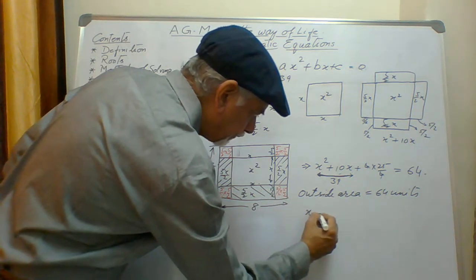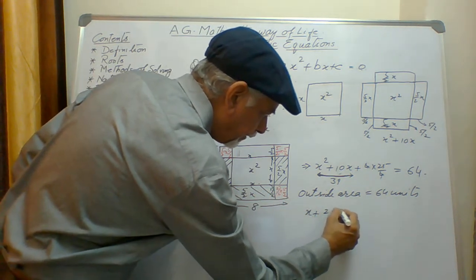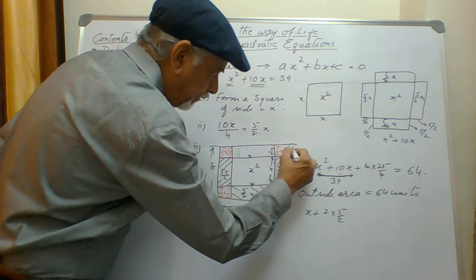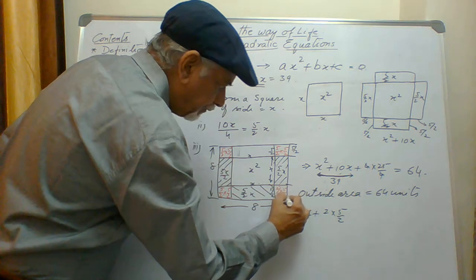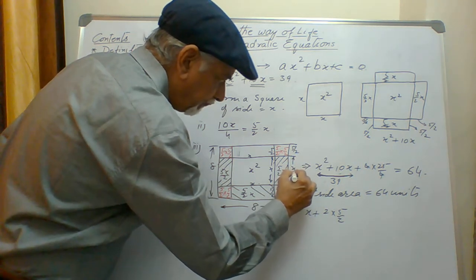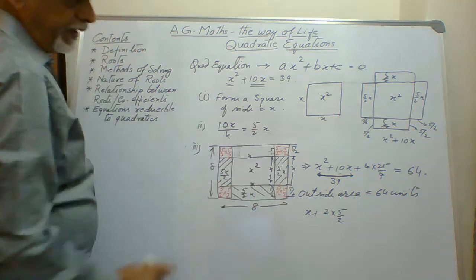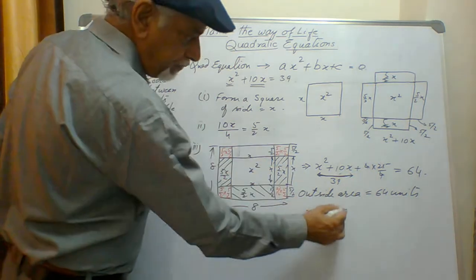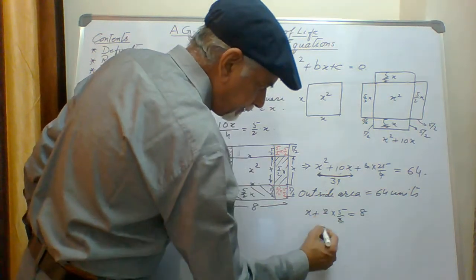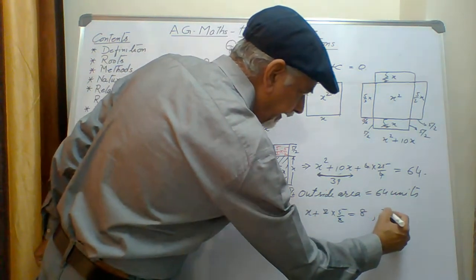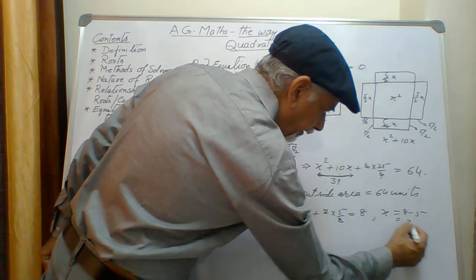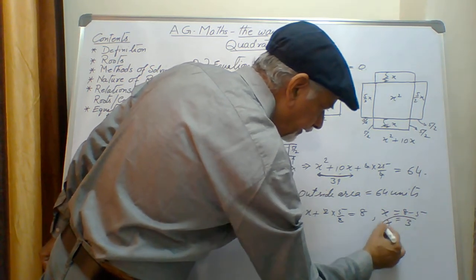So x plus 2 times 5 by 2, which are the small lengths. This is equal to 5 by 2, this is also equal to 5 by 2, and in between it is x. So we can write the whole side is x plus 5, 2 times 5 by 2, and that equals 8. Now 2 cancels, therefore we get x value as 8 minus 5, equal to 3. So x value I am getting only 3.